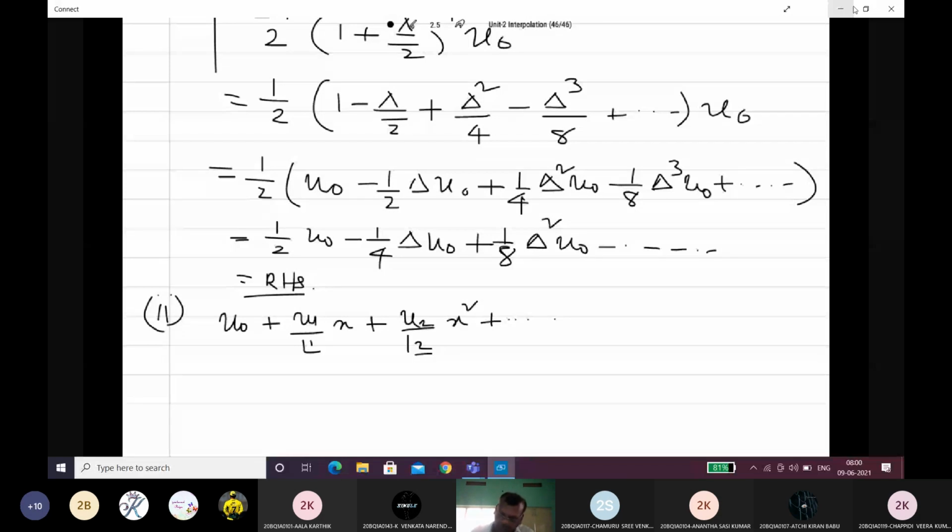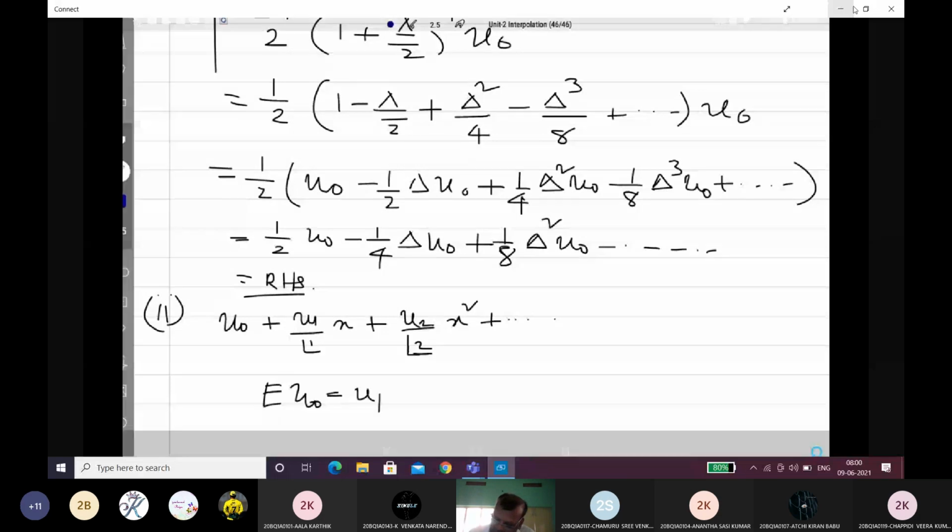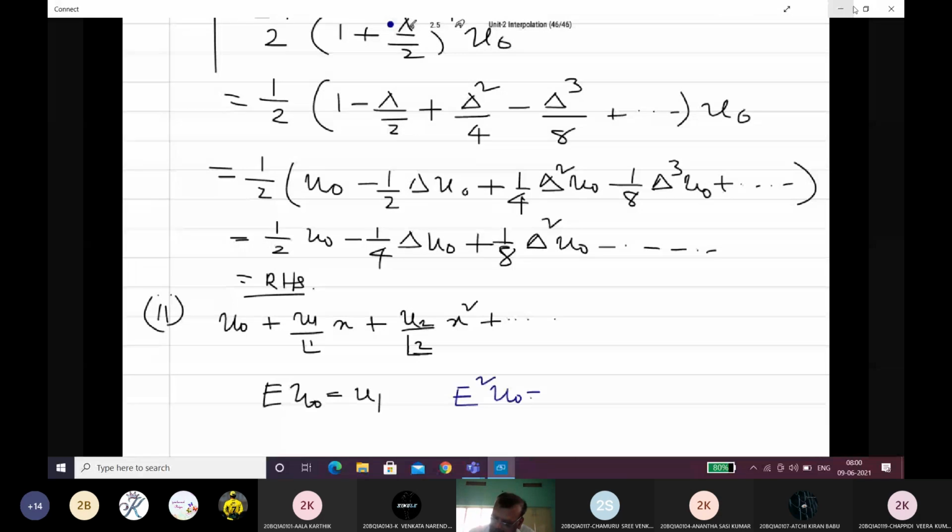And we know the formulas: E of u0 is equal to u1, E square of u0 is equal to u2, and E cubed of u0 is equal to u3 and so on. These are the formulas that I have already known. Now applying these formulas in the above series that we have.